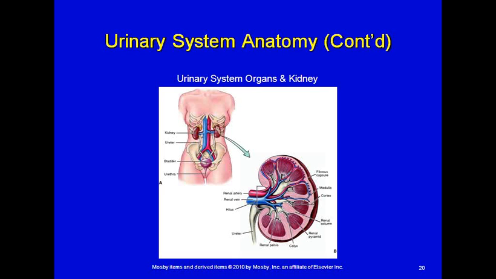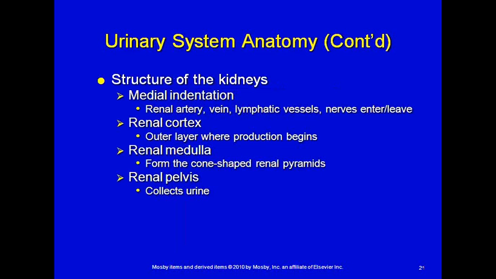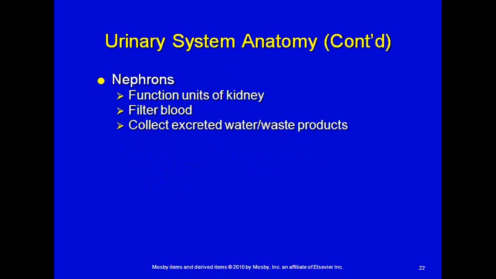Here's just a picture of the location of the kidneys as well as their complex makeup. The medial indentation is where the blood supply and the nerves enter and leave the kidney. The renal cortex is the outer layer where production of urine begins. The renal medulla contains the cone-shaped renal pyramids, and the renal pelvis is where all the urine is collected.